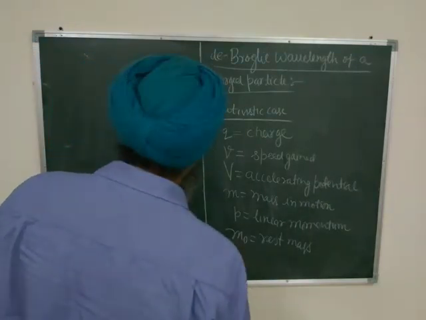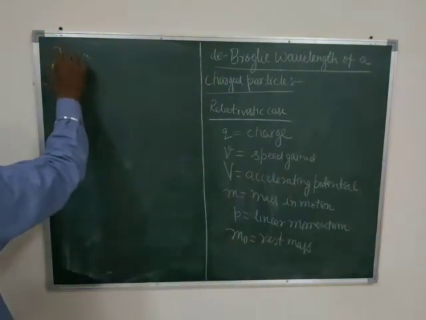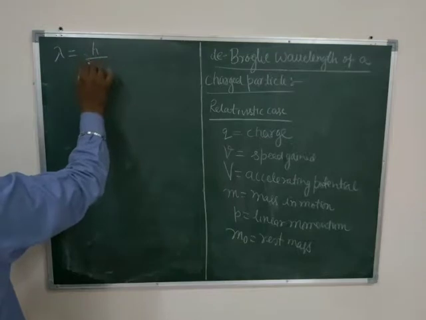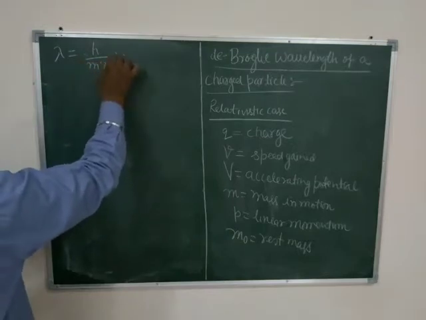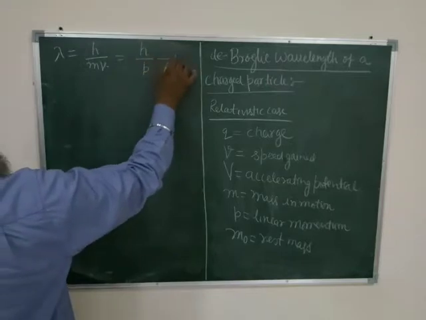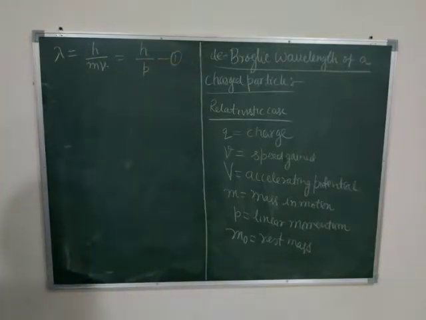We know that the wavelength of the wave attached with the particle is given by lambda equals h upon mv, which can also be written as h upon p. Let us set this as equation number 1.